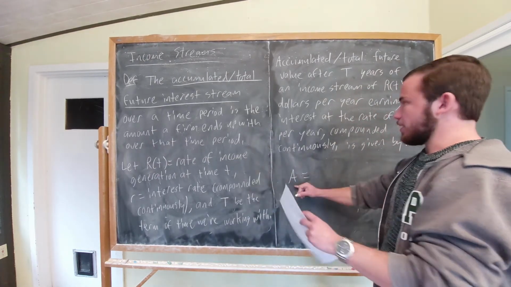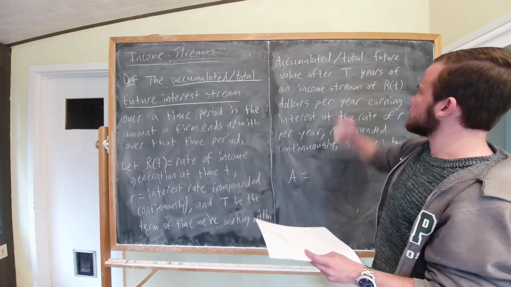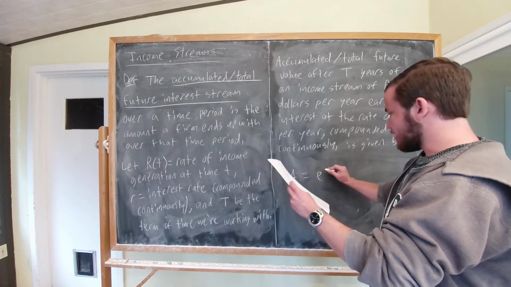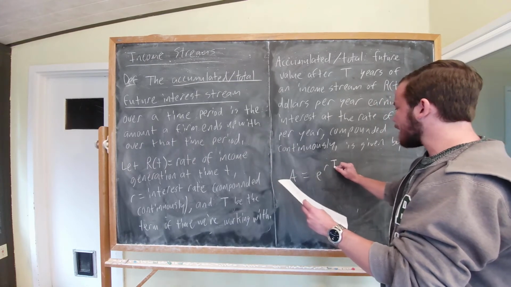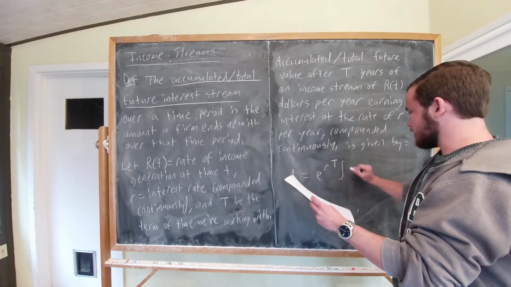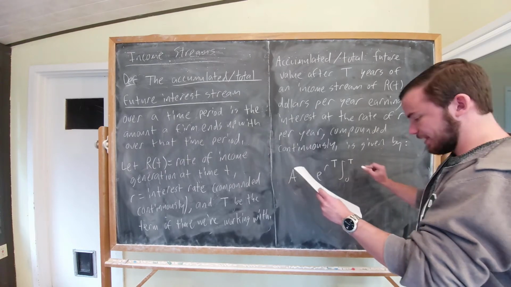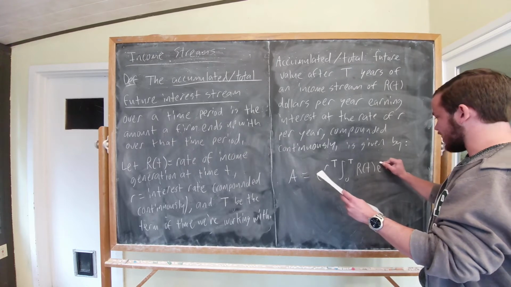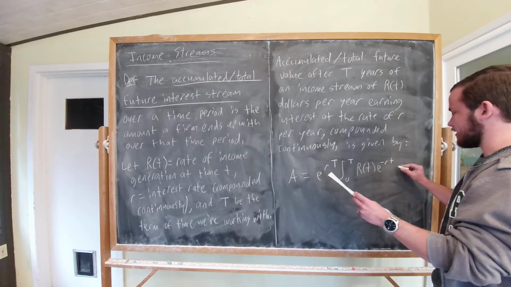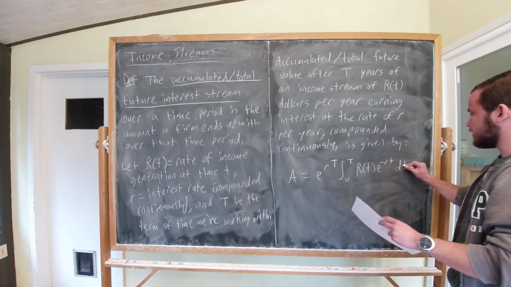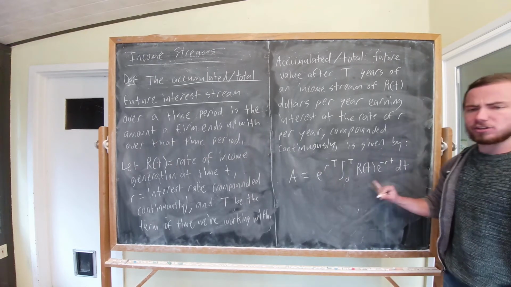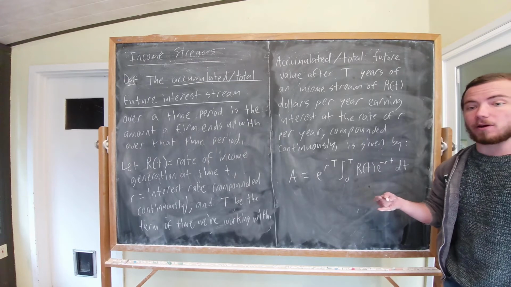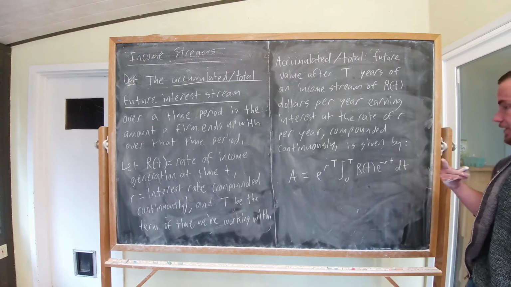A is equal, where A is just our amount, the accumulated value, is e to the r capital T times the integral from 0 to capital T of R of lowercase t e to the negative r lowercase t dt. So, as I said, your book derives this formula using Riemann sums and the formula for continuously compounded interest.